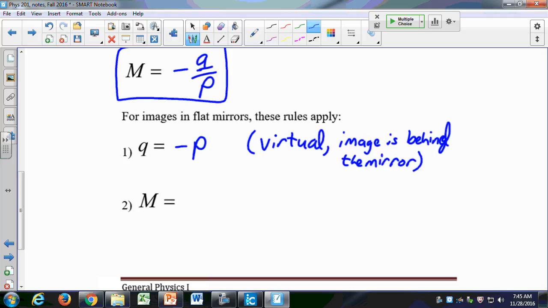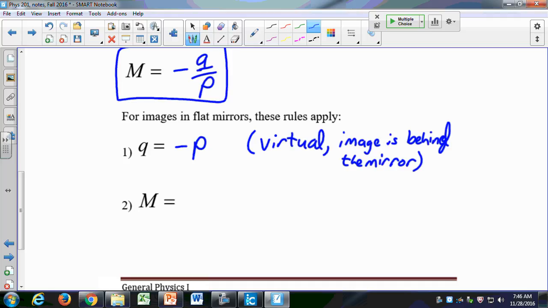This is another idea that will be important to answering questions as we move into those later in this chapter. But anytime I have a virtual image, it's going to be on the so-called virtual side of the optical device. And for mirrors, that virtual side is on the back side of the mirror. You can remember this. Just remember that flat mirrors always produce virtual images. And, where is the image in a mirror?